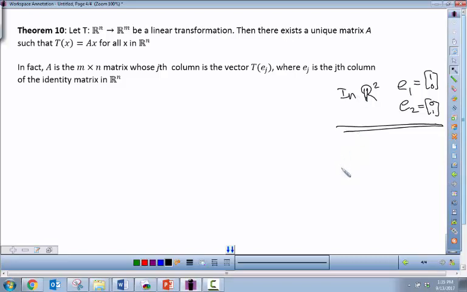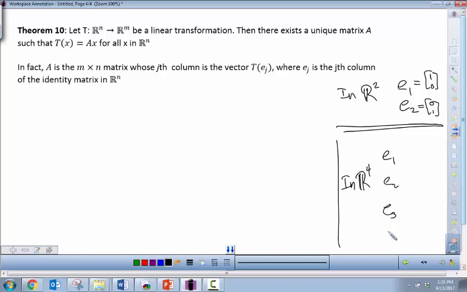Just in a more abstract world, in R4 you have 4 of these standard basis vectors: E1, E2, E3, E4. E1 would be 1, 0, 0, 0.